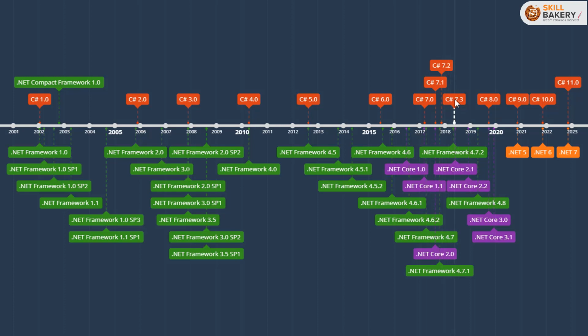Then C# 7.3 was part of .NET Framework 4.7.2, and in the year 2019 we had C# 8.0, and then with .NET 5, 6 and 7 we now have C# 9, 10 and 11 respectively. Now with .NET 8 we'll be having C# 12. Now let's quickly go and see what features were introduced in each of these versions of C#.